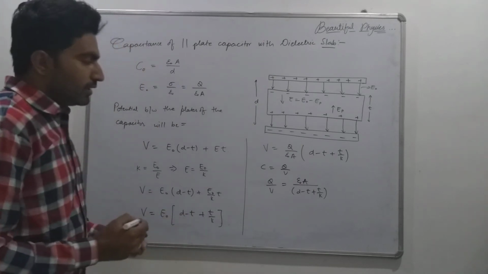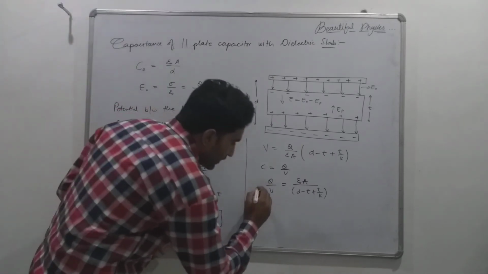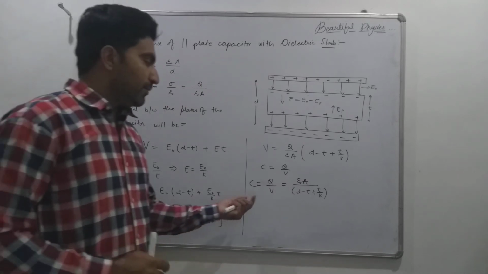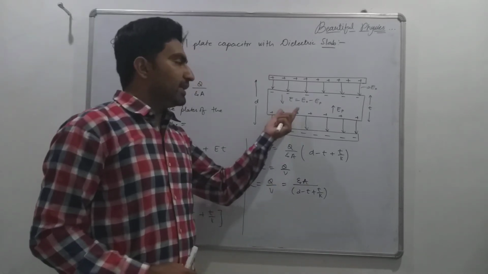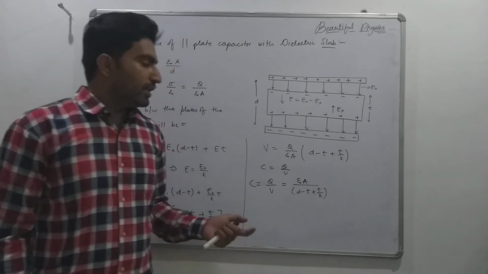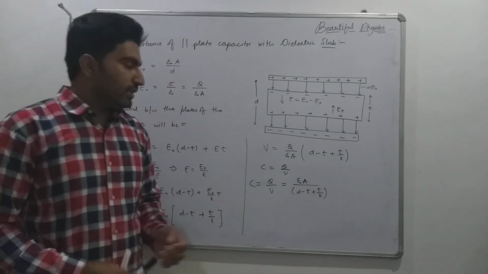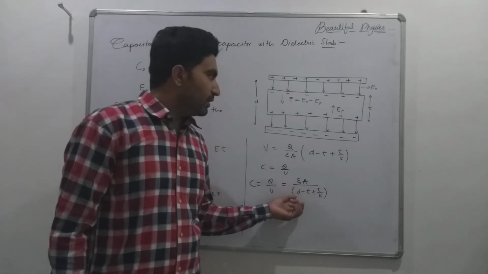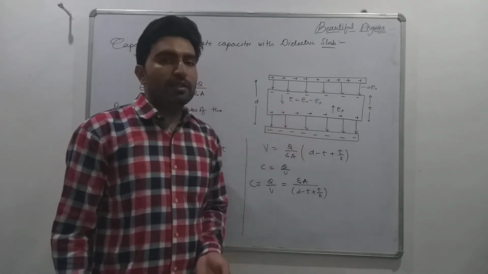Here Q by V represents the capacitance C. So this is the capacitance of a parallel plate capacitor when a dielectric slab is inserted between the plates. Here t is the thickness of the dielectric slab, and d is the space available between the plates.